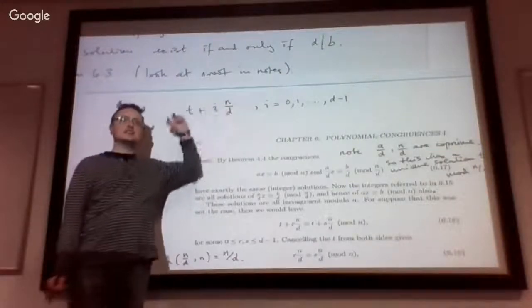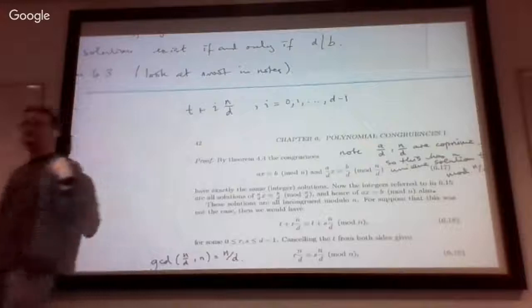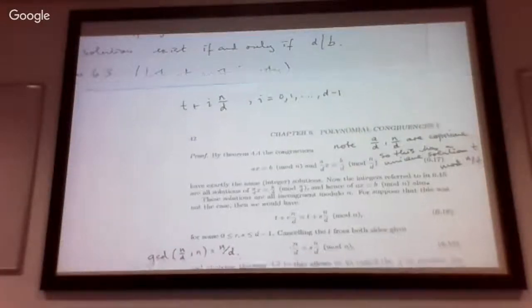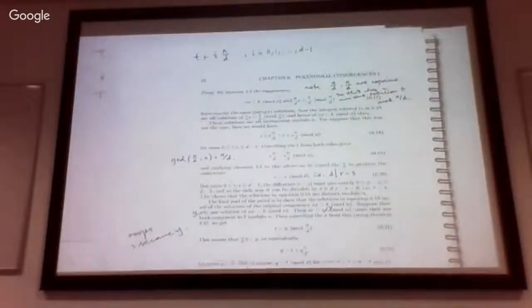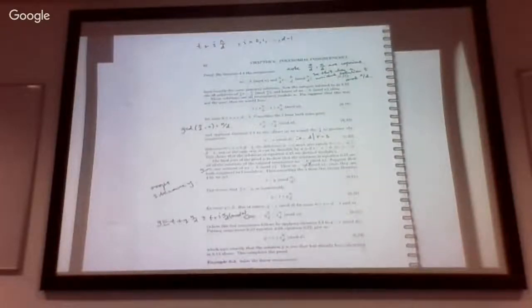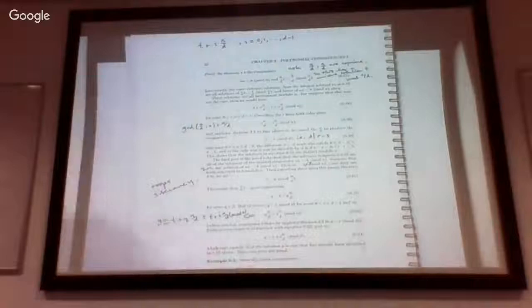So that's the complete story for the solutions. So that's the proof, but that's the general argument. You should definitely study that and understand how the logic is working through all the parts of it. But let's see it in action, okay?